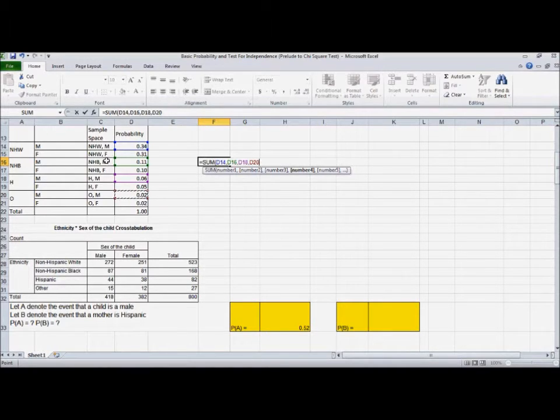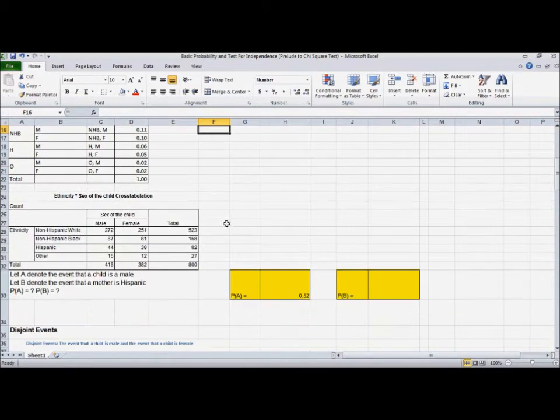We see several outcomes where a child is male, and we have probabilities for each one of those outcomes. We used our contingency table, our crosstabs, to calculate the probability a child is male by looking at our marginal totals. We saw 0.52. Now looking at our sample space, we are adding those individual probabilities, and we are going to confirm that it does equal 0.52.